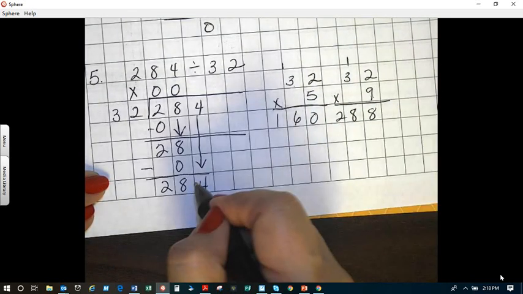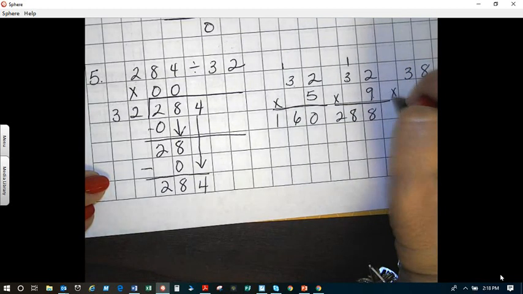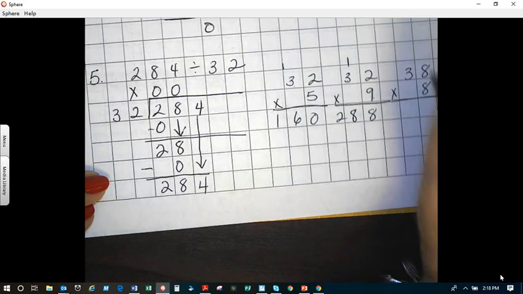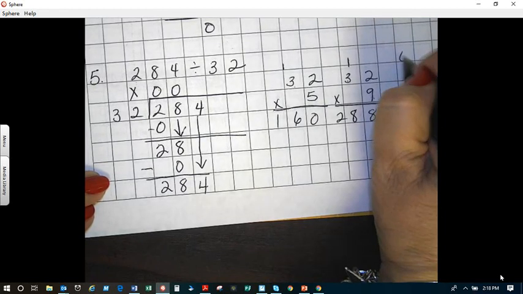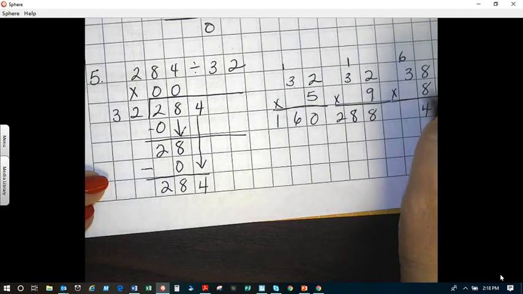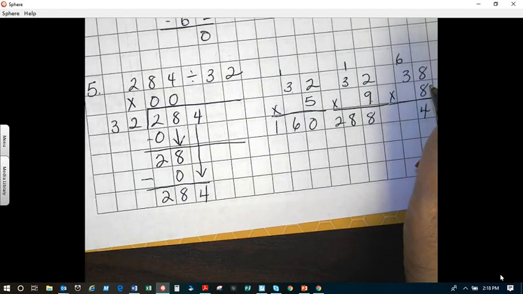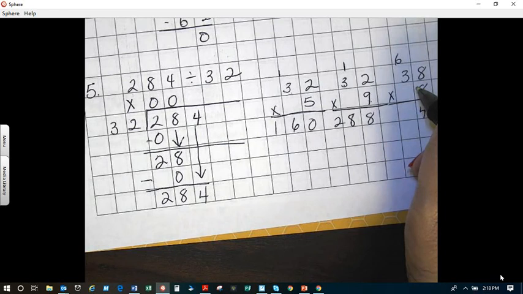So we do 32 times 8. 8 times 8 is 64. 8 times 3 is 24 plus 6. What is 24 plus 6? Is that right?